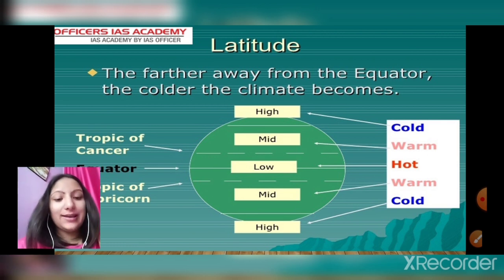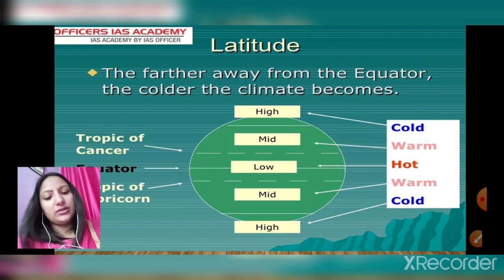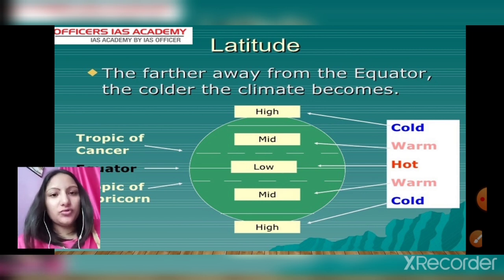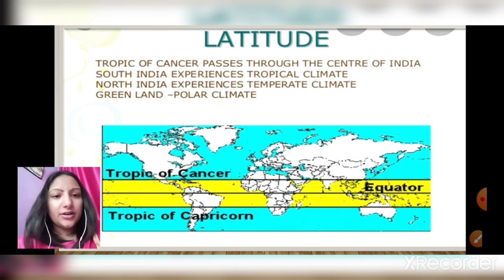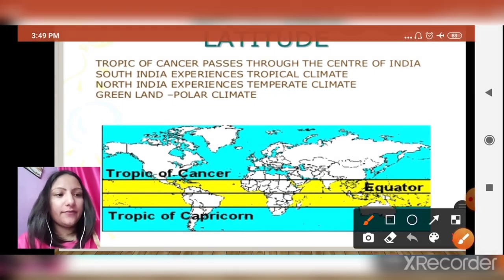You all know that India extends almost over 30 degrees of latitude, from tropical to temperate zones. The Tropic of Cancer, you see this line, everybody can see this line.